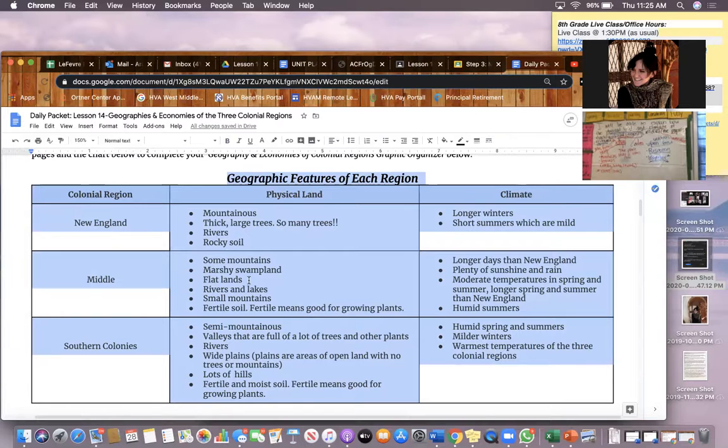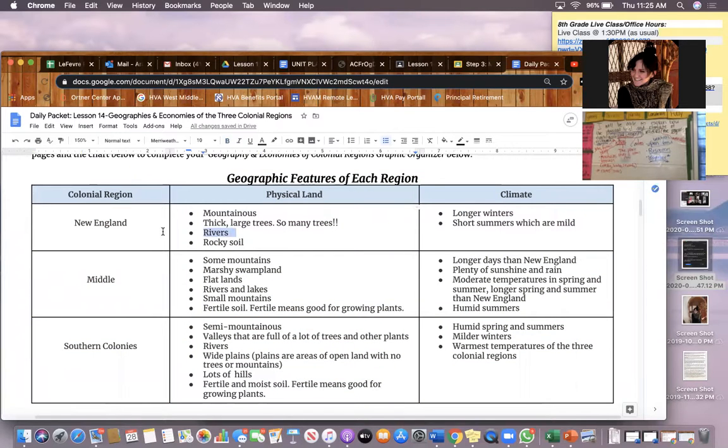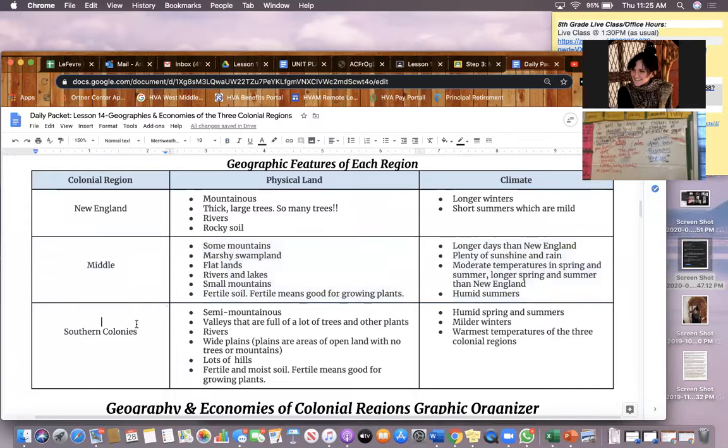This chart tells us what the physical land looked like in different areas, the different areas discussed in the video, as well as what the climate was like. You probably realized from the video that we live in what was the Middle Colonies. If you are from the South or you've been to the South, you might be familiar with what the weather is like and what the land looks like in the South.